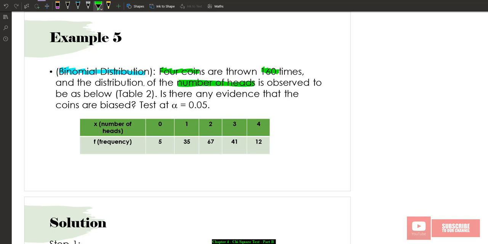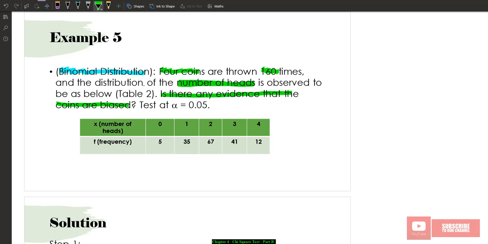So this is our random sample, and the observed result is in table number 2. Our question is: is there any evidence that the coins are biased? So we need to test at alpha 0.05.